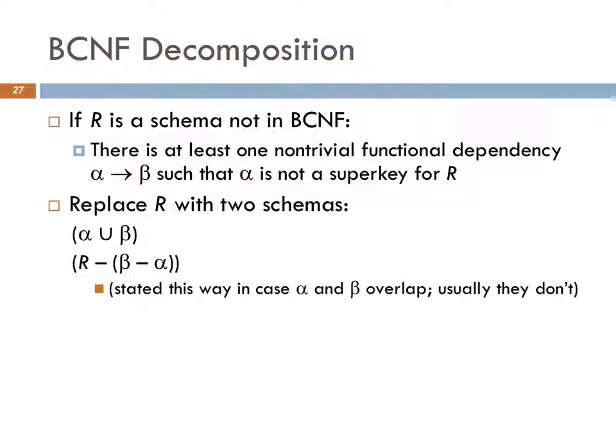It turns out that it never overlaps for interesting functional dependencies. So really, we could just say alpha union beta and R minus beta, because beta minus alpha is just going to be beta. So you can take that and you can decompose it. Now notice, alpha union beta. Is there a key now on that schema?